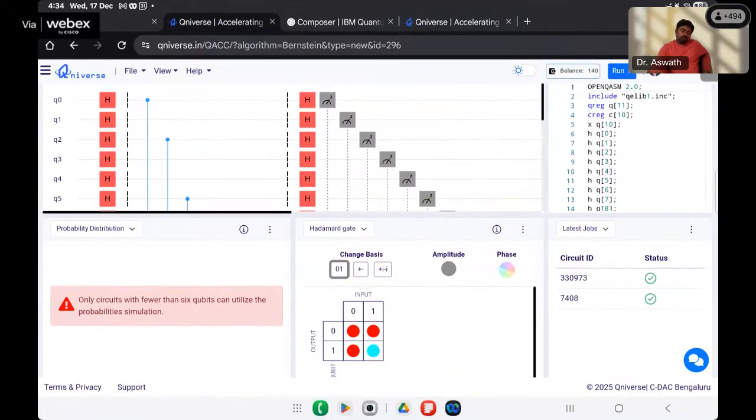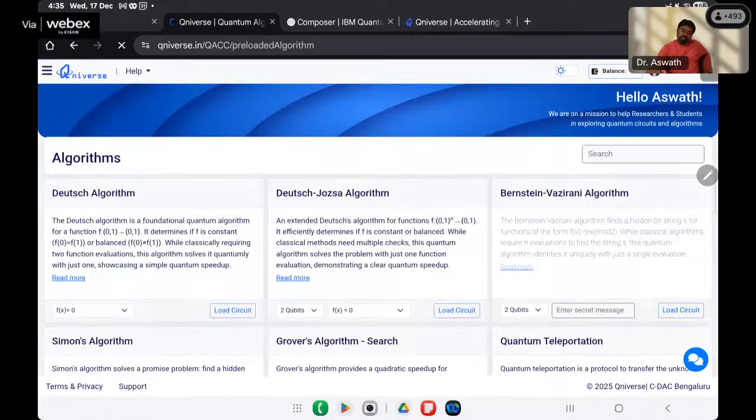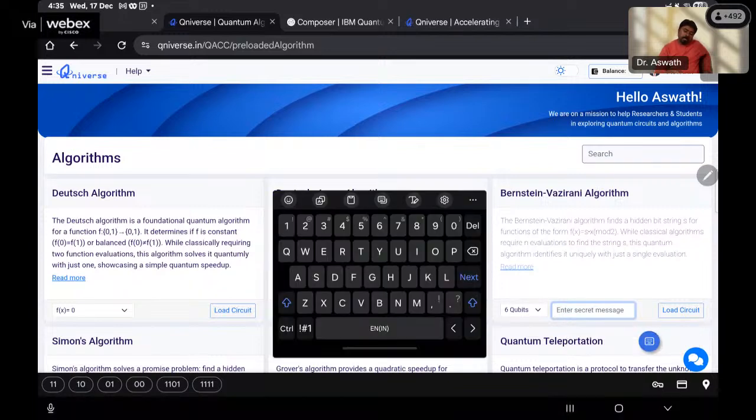Only circuits with fewer than 6 qubits can utilize the probability simulation. Let's say the probability vector it can give, even that is the problem. The system is having an issue. What we can do is go for 6 or fewer. Now let me put the bit string 1, 2, 3, 1, 2, 3, 4, 5, 6.